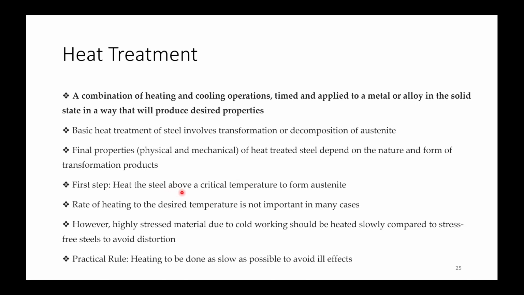The rate of heating to the desired temperature is not important in many cases, but in the case of highly stressed material, due to cold working or welding or other reasons, it should be heated slowly compared to stress-free steels to avoid distortion. The practical rule is that heating should be done as slowly as possible to avoid any ill effects.